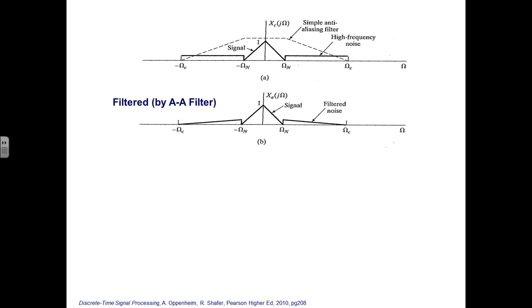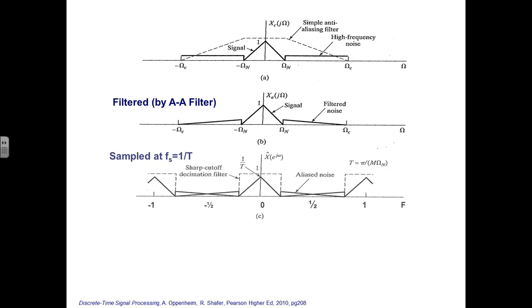So what happens then with that filtered signal is we would put effectively a brick wall, an almost ideal digital filter to process it that picks out just the spectrum of the part that we wanted to keep originally.